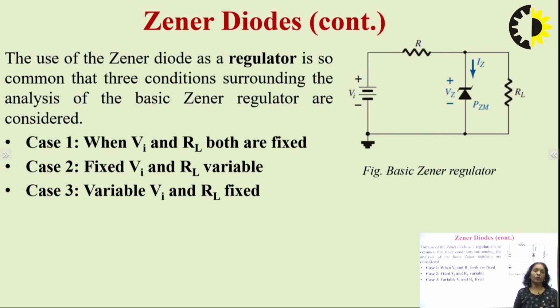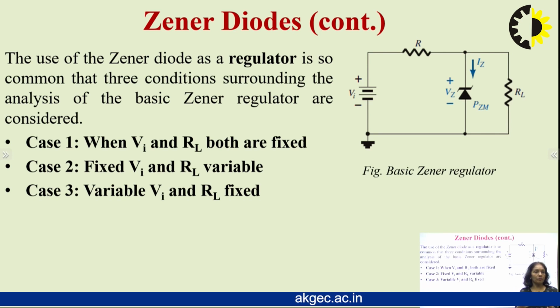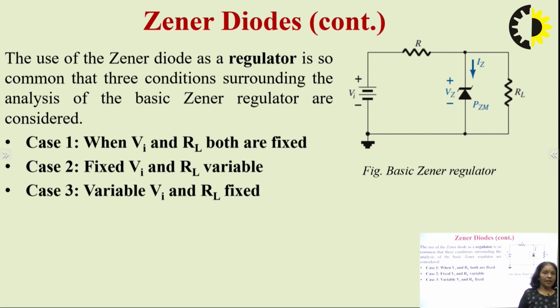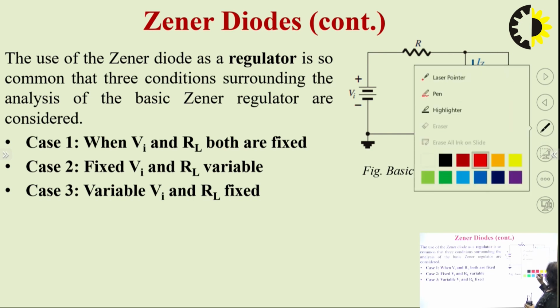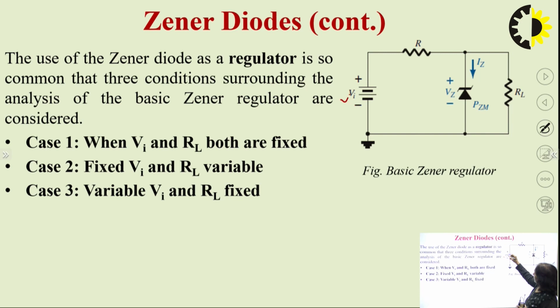Basically we are going to discuss three major conditions. First case, when we consider both Vi and the load resistance, the input voltage and the load resistance, both to be fixed. In the second case, we fix the input voltage and keep the load resistance variable.